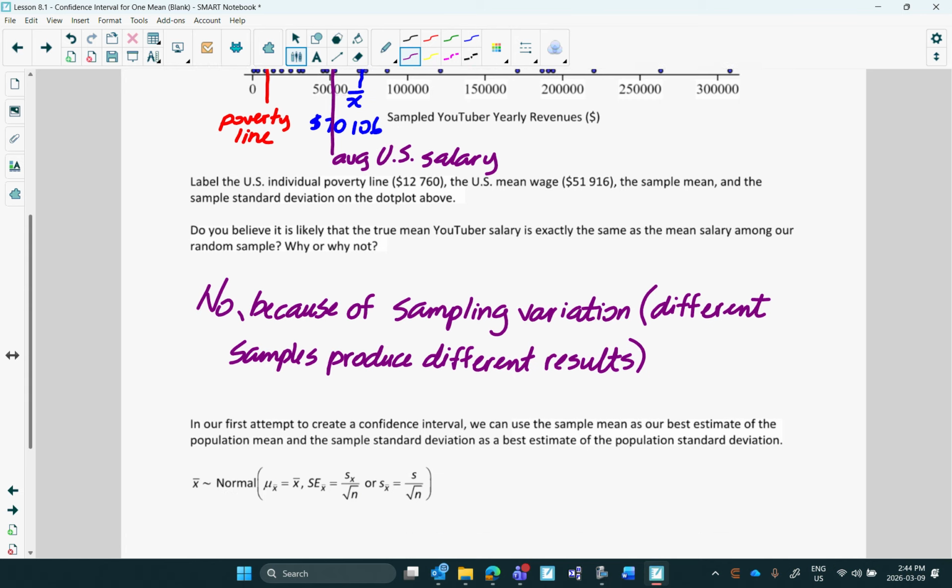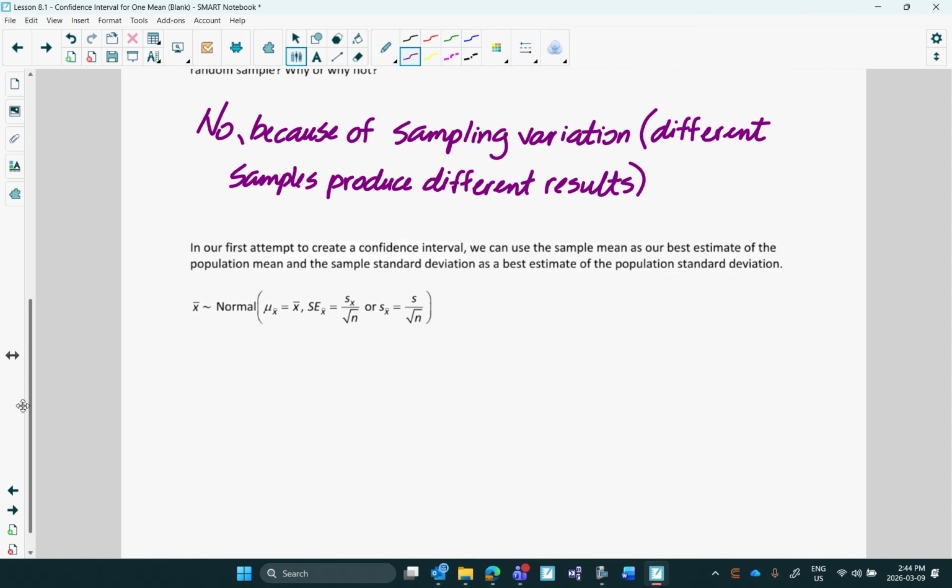Okay, so how can we make a confidence interval? Well, let's go based on what we know. Remember, we have a point estimate and we have the margin of error. The margin of error is made up of the critical value times the standard deviation. The critical value is how many standard deviations we are away, depending on the confidence level we want.